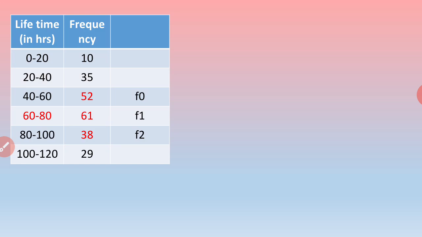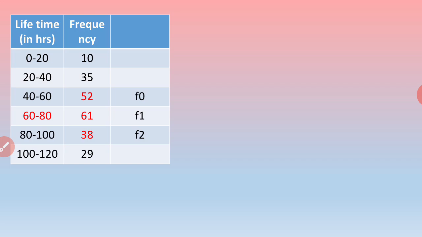The entire data is now written vertically, that is in columns. When you write it, the first column will be the classes. The second column will be the frequencies. Once it is noted down, we always look out for the largest frequency. In this case, 61 is the largest frequency that is there in the second column.